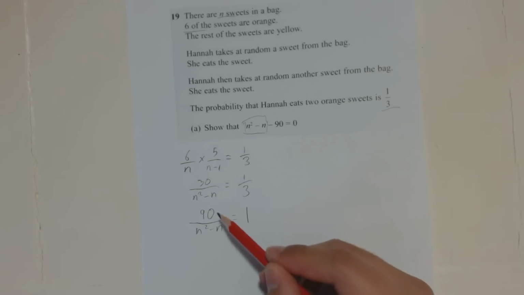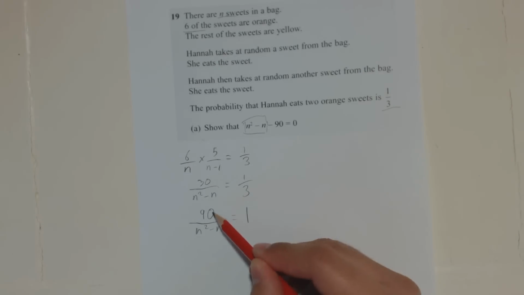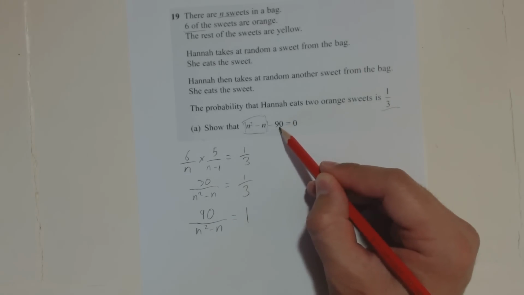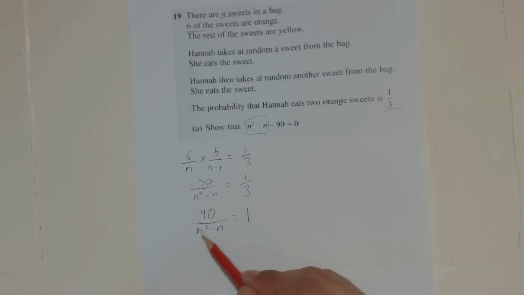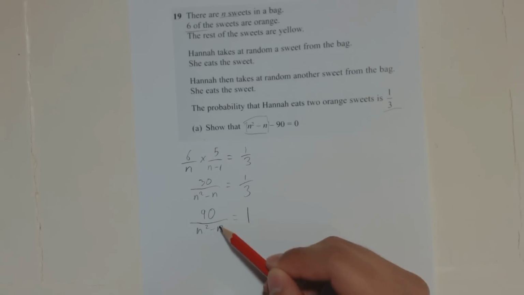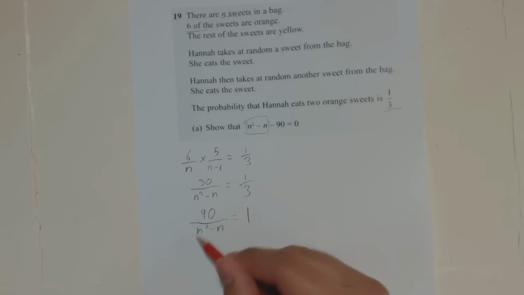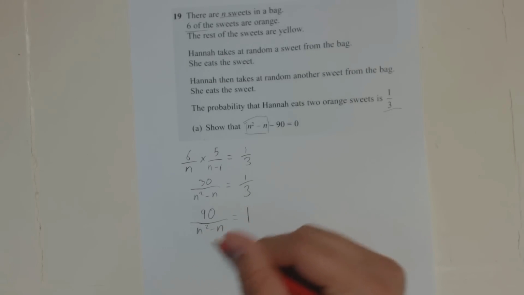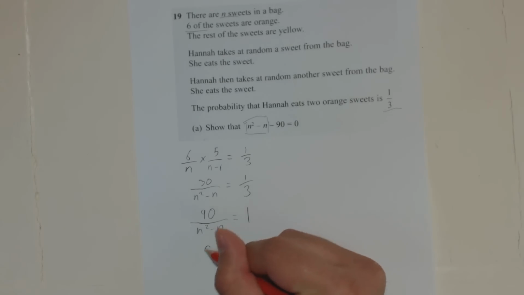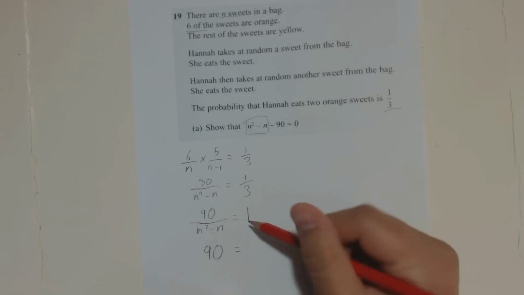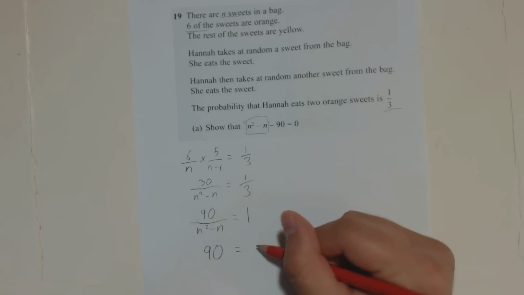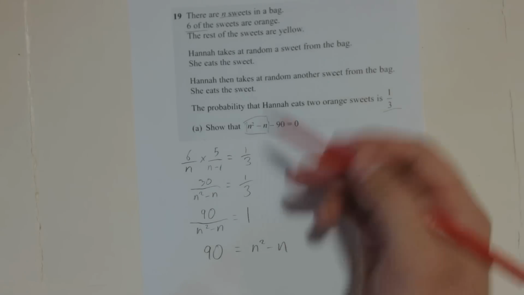So now we've got a 90. That's great. There's a 90 there, and there's a minus 90 that way. So we've got n squared minus n on the bottom of a fraction. What we're going to do is multiply by it, because you want to get it off the bottom, don't you? So if you multiply this side by n squared minus n, it's gone. Left with 90. If you multiply 1 by n squared minus n, you just get n squared minus n. And look, we're really close.